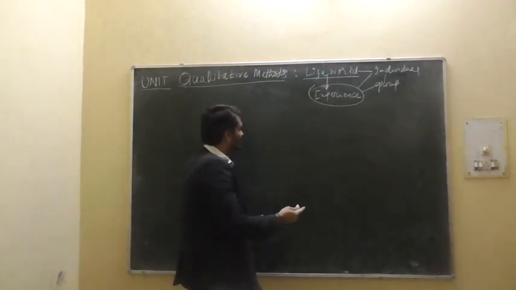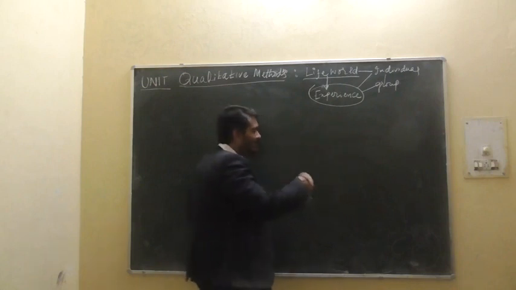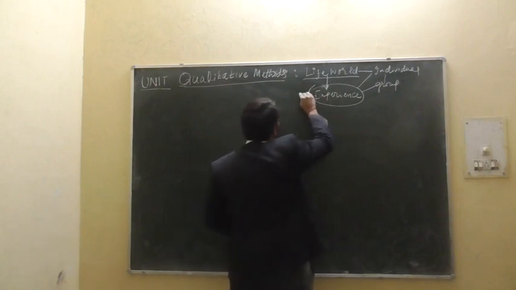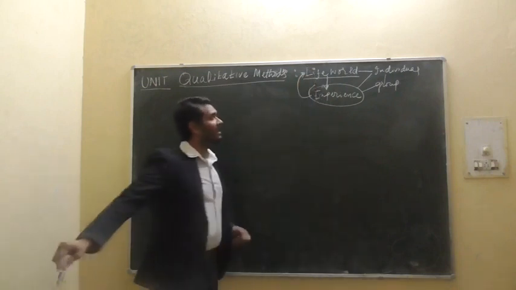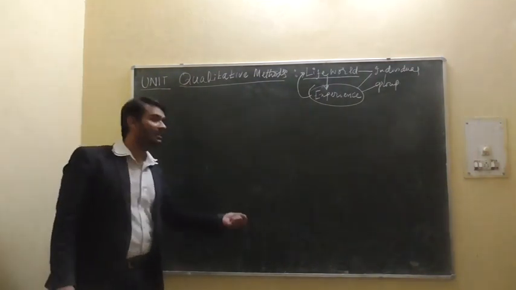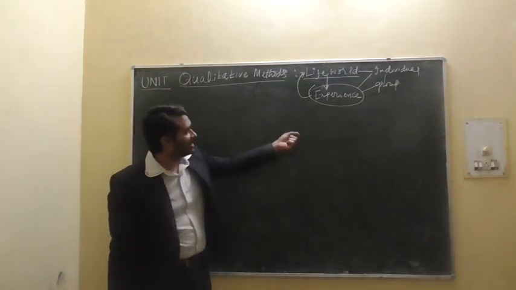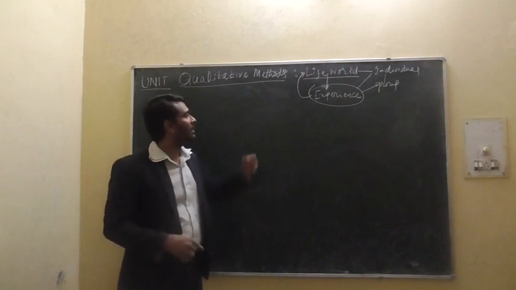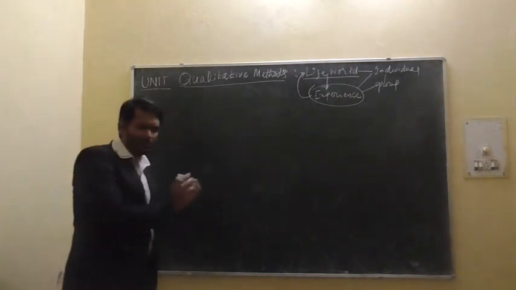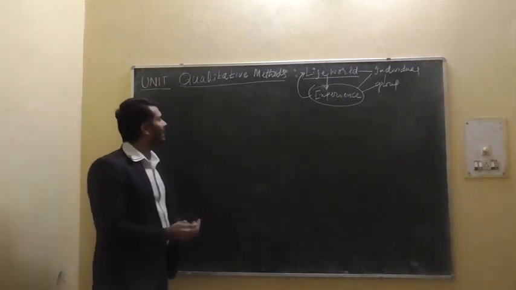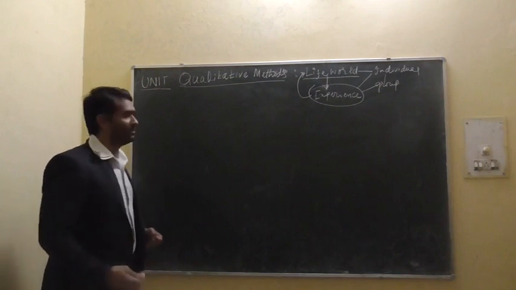So the other way around, by understanding the experience, the researcher attempts to engage with the life world of the respondents. It may be one individual, or it may be a group. This is the overall idea of the qualitative method.